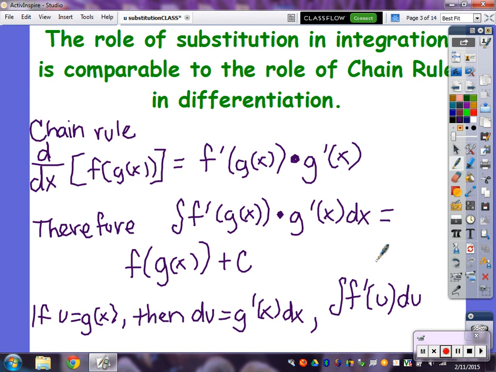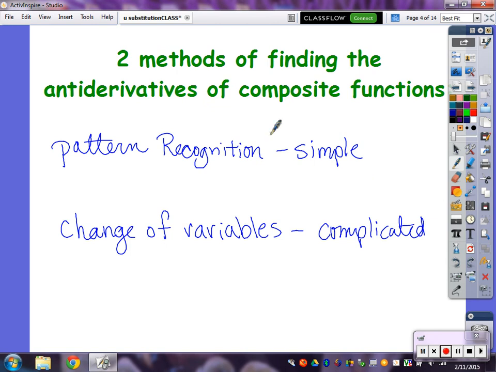So, we have two methods of finding antiderivatives of composite functions. What we've been working with is pattern recognition, which is your simple, straightforward situations. So this is where we have 1 over 1 plus x squared, and we recognize it as inverse tangent. Or 1 over x, and we recognize that as the derivative of natural log of x.